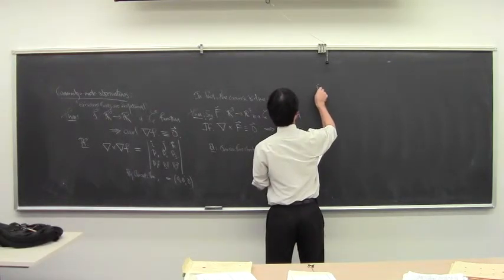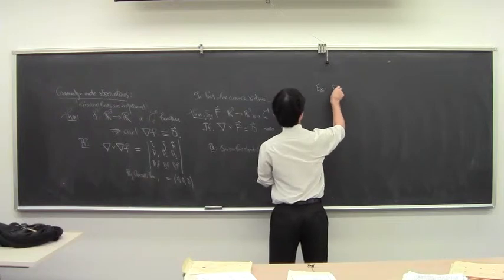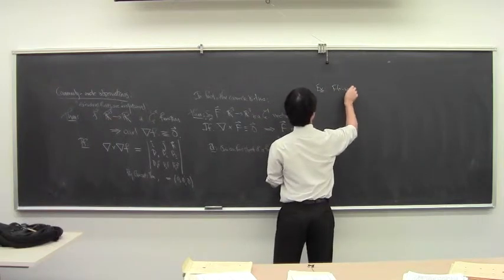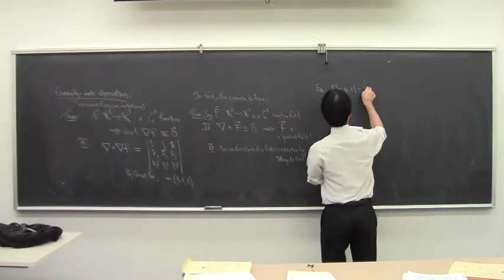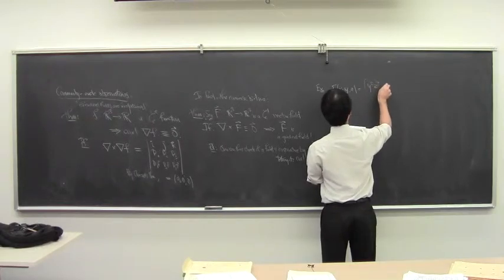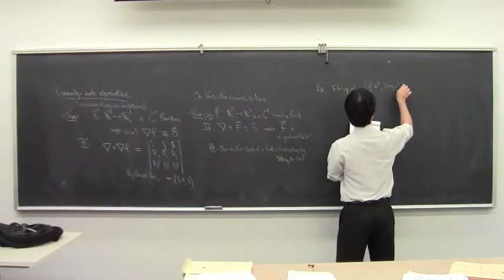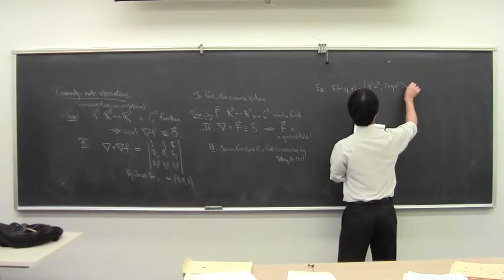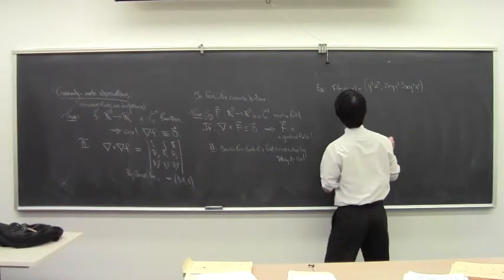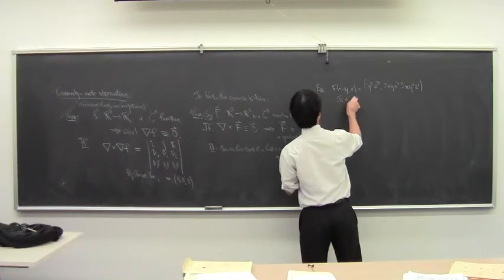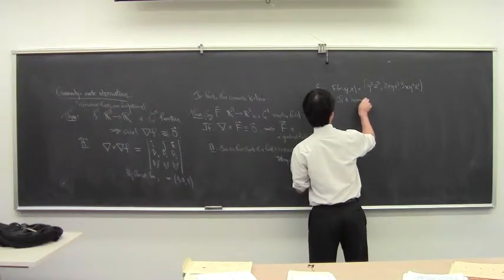So for example, if I give you a field F of x, y, z equals y squared z cubed, 2xy z cubed, 3xy squared z squared, and I say, is it conservative?